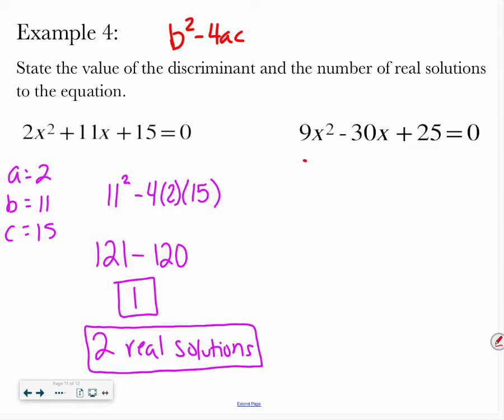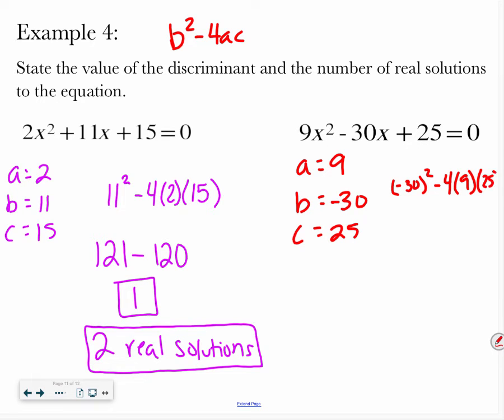Okay, so then a, in this instance, equals 9, b equals negative 30, c equals 25. So b squared is negative 30 squared minus 4 times a times c.